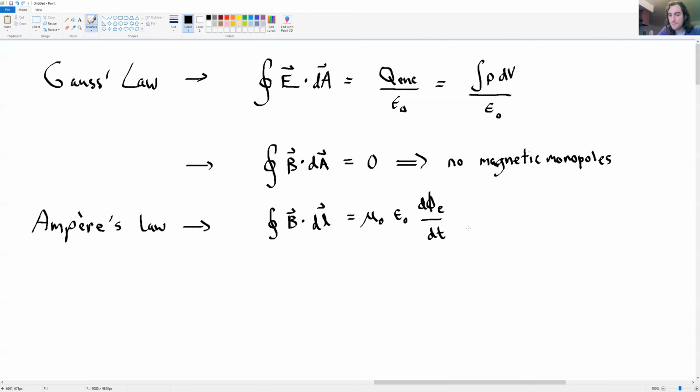And we could maybe be a little bit more careful here. We said, you know, conduction current, yeah, you have a conduction current, that definitely means there's some electric flux there in that wire, but let's go ahead and separate it out. So we'll say we have the conduction current and we have the electric flux piece.